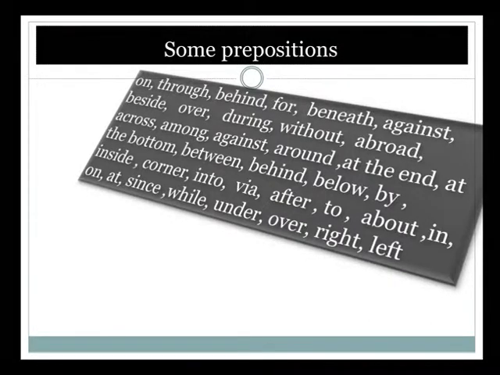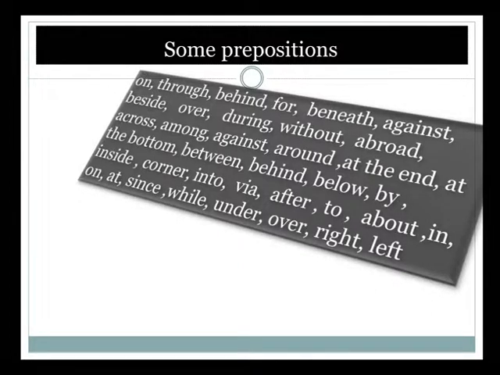Through, when you cross something. Behind is used for at the back of something. For, in order to indicate a purpose. Beneath is again below. Against. Beside is for proximity or closeness. Over, on the top of. During is a preposition that is used for time duration. Without, in the absence of.